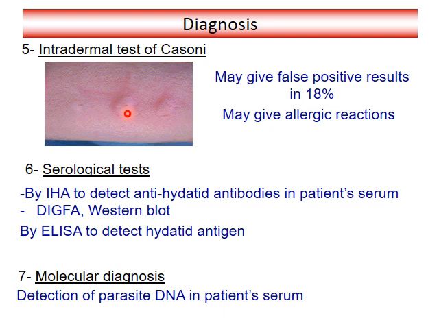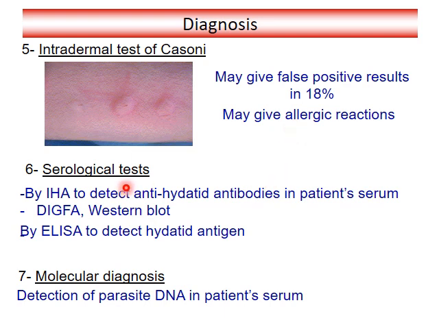This wheal develops within half an hour and it fades away in 1 hour. But this might give false positive results in 18%, and also it might give allergic reactions. This test is not used much now.